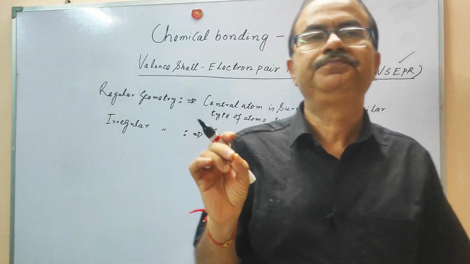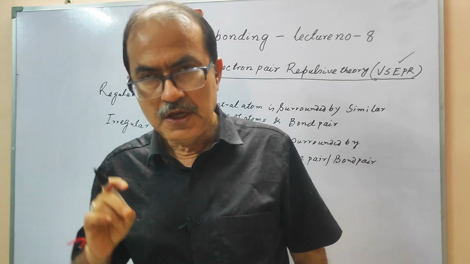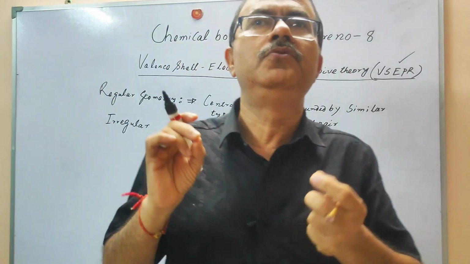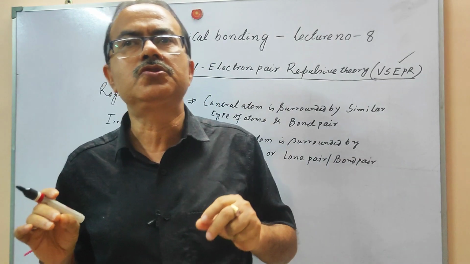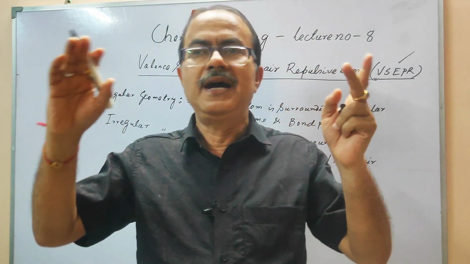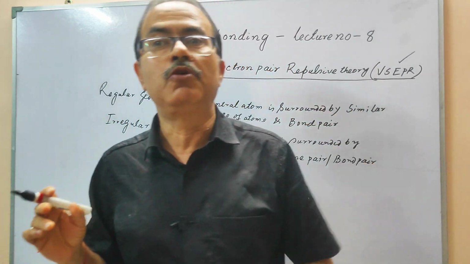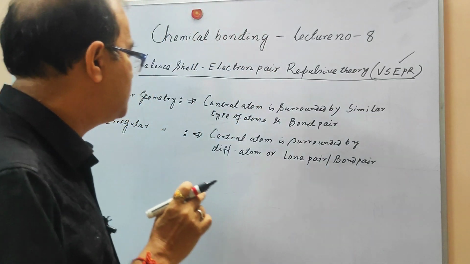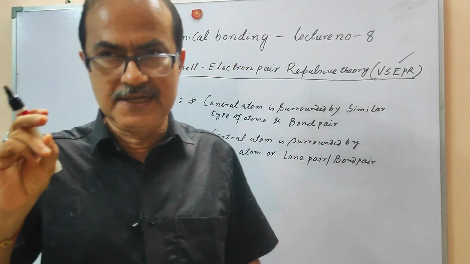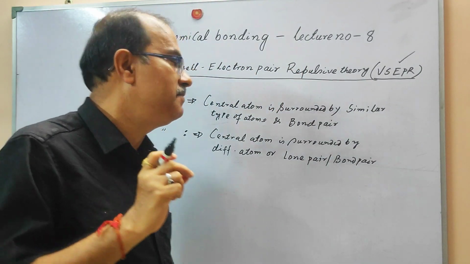So one is regular geometry, another is irregular geometry. Irregular geometry is observed in molecules when the central atom is surrounded by different types of atoms, or by lone pairs and bond pairs of electrons. This has been explained by two scientists, Gillespie and Nyholm, in the year 1957.